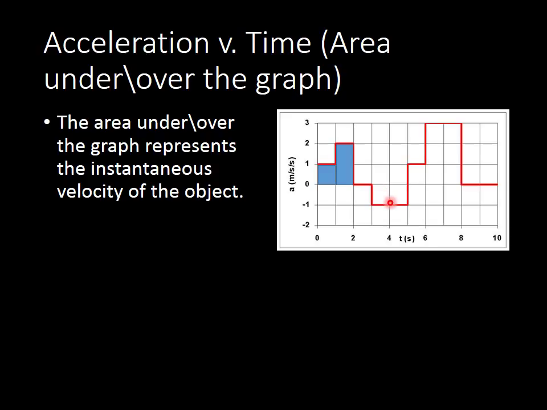Now, the only thing that this represents is the change in velocity of the object. So, if I wanted to calculate how fast this was going at exactly 2 seconds, I would just calculate the area here that's underneath the graph, and that area would be its exact speed at that amount of time.